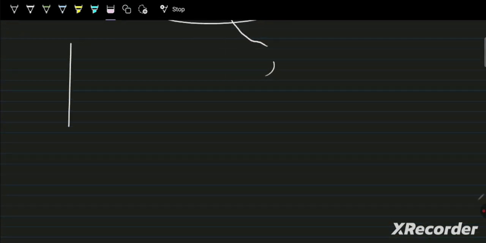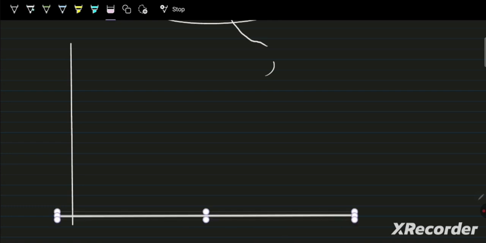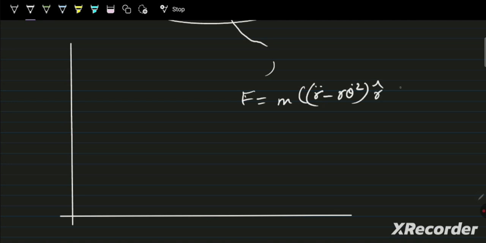At first, we'll be discussing polar coordinates, and one must know the basic formula for polar coordinates: F is equal to m (r double dot minus r theta dot square) r cap plus (2 r dot theta dot plus r theta double dot) theta cap.